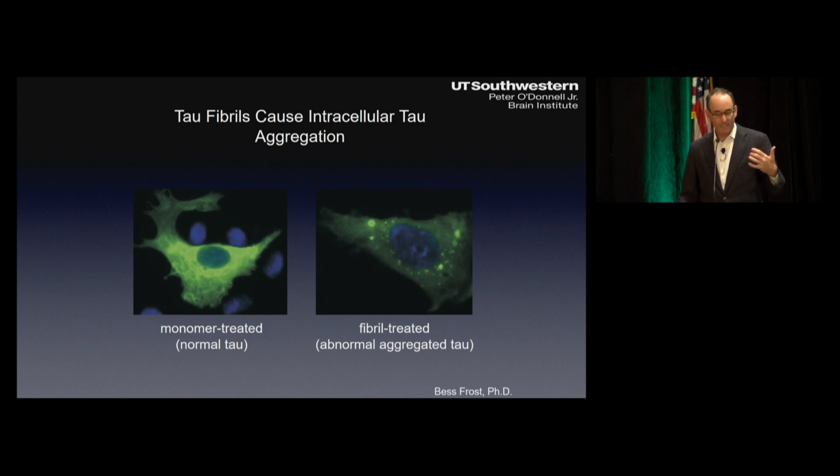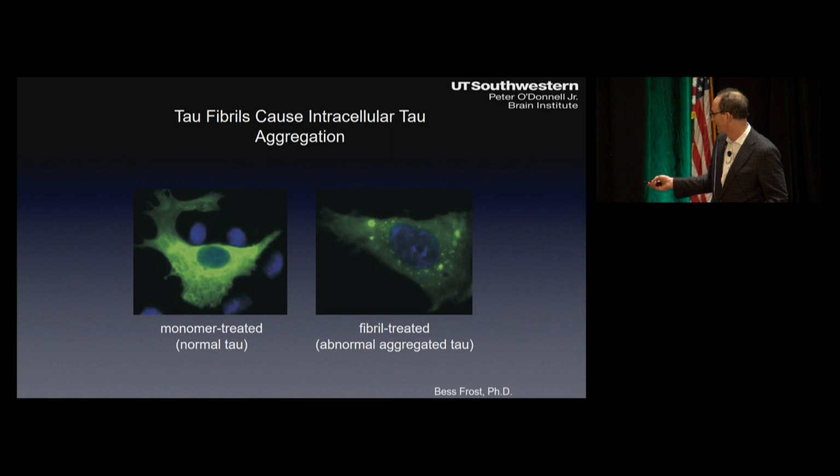This basic observation that an aggregate can propagate pathology was first observed by Beth doing a really simple experiment. She had a cultured neuron, or neural cell, I should say, and full-length tau was expressed in that cell, fused to a fluorescent protein, and it would orient itself on microtubules.